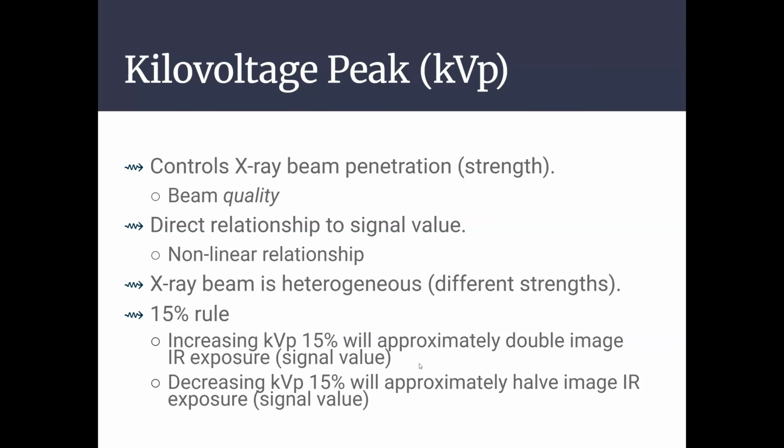So if you increase the kVp by 15%, it will double the signal value. It will double the exposure. It will make the image twice as dark. If you decrease the kVp by 15%, it will approximately halve the image exposure. So it'll decrease the signal value by practically half.